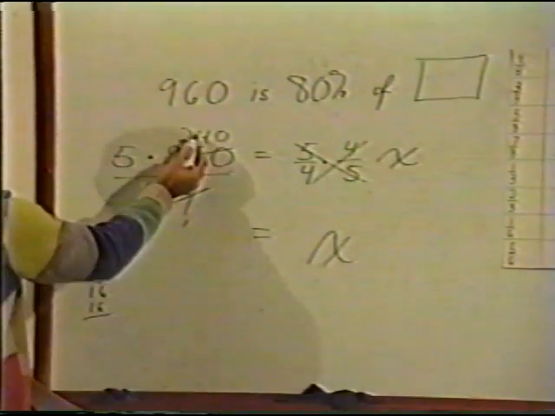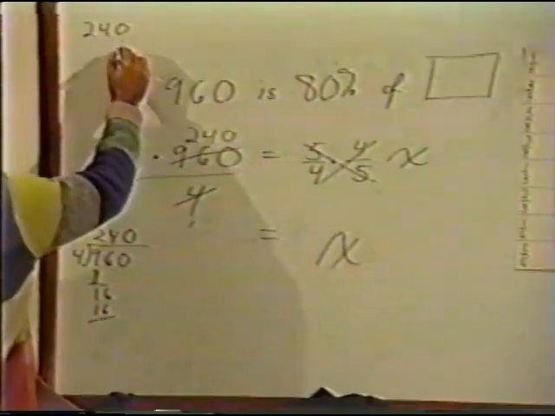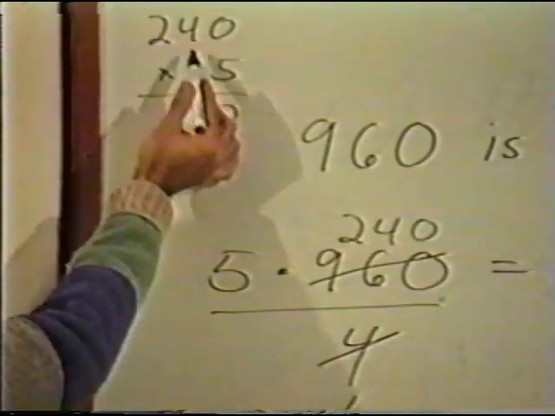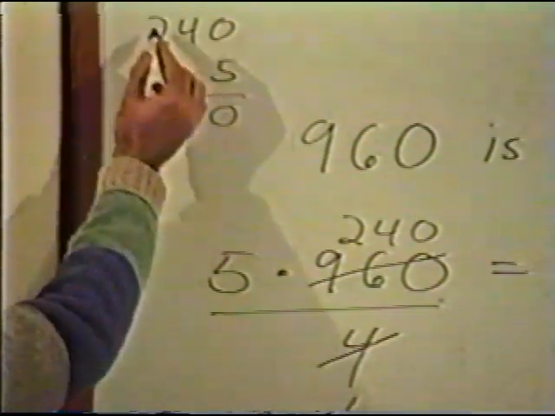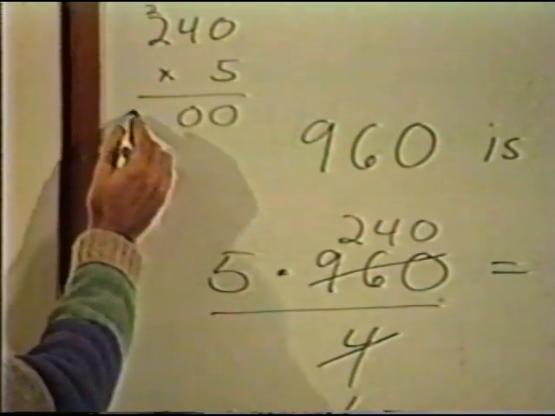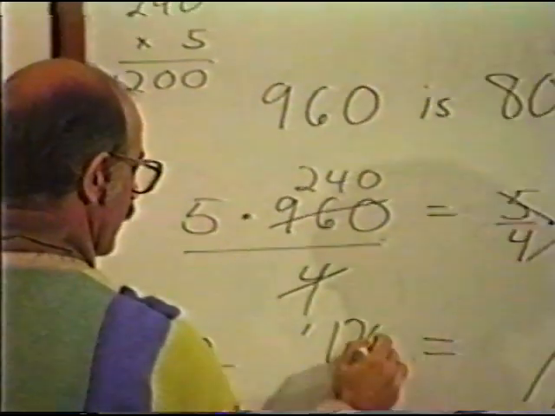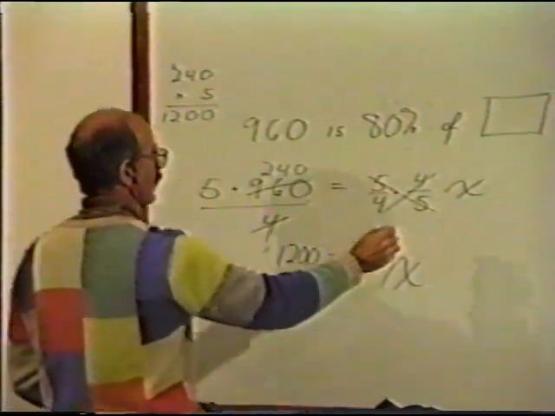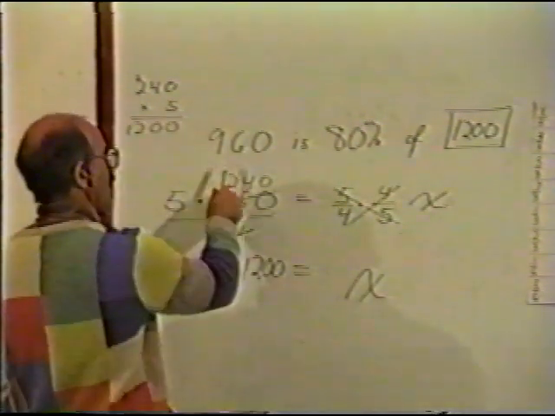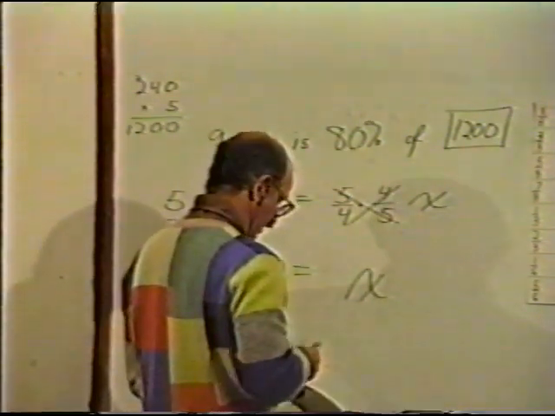Now we have to do 240 times 5. 0 times 5, 0. 4 times 5, 20. Carry the 2. 2 times 5, 10, plus 2, 12. 1200. 1200 equals x. 1200 is the answer, and it makes sense that 960 is 80% of 1200.